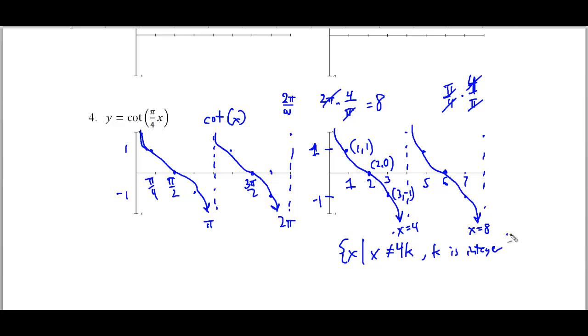What that means is that 4, 8, 12, 16, and also into the negatives, including 0, are all problems for the domain because they are asymptote lines. 0 is an asymptote line. So our range is going to be all real numbers. That's our range right there. And that will solve that.